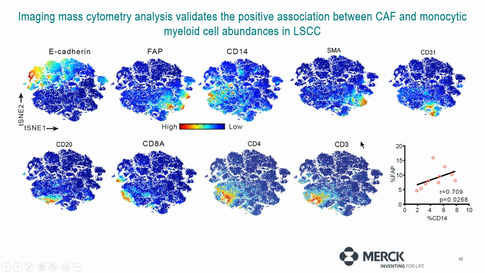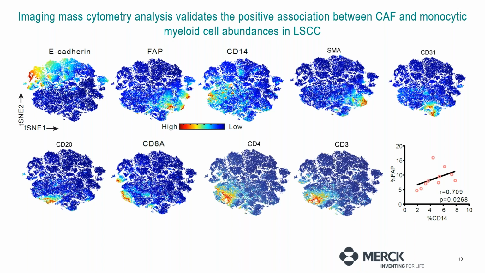By doing this, we're able to confirm what we found in our genomic data analysis, and we found that the percentage of FAP positive cells is indeed positively correlated with monocytic myeloid cell populations by utilizing the IMC technique.